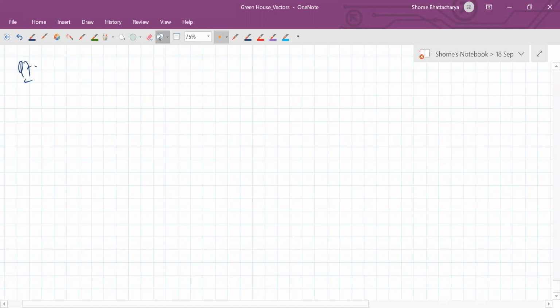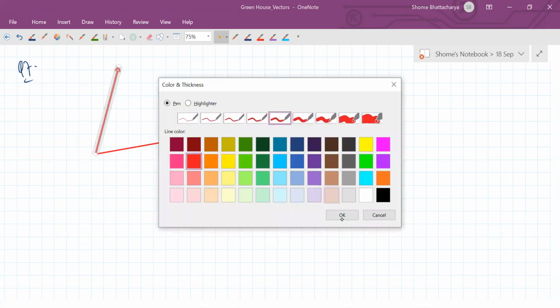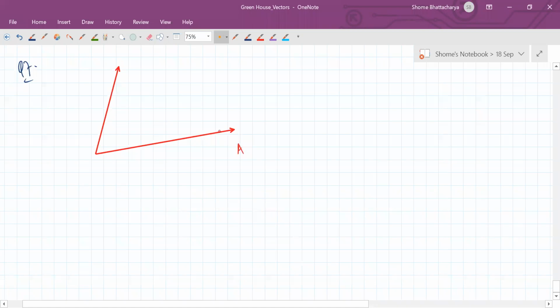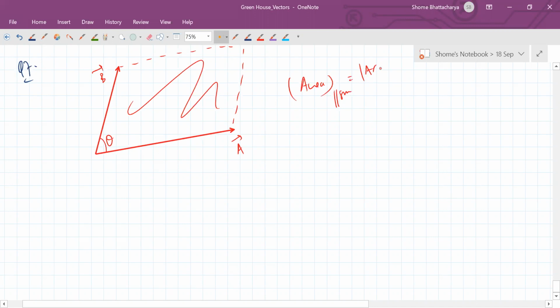Just recall that concept that if you have any two arbitrary vectors, like this, and the angle is theta, then the area of this whole parallelogram is magnitude of A cross B, which is AB sin theta.